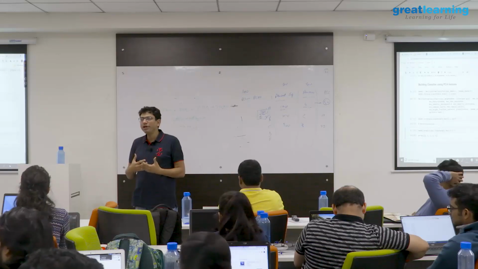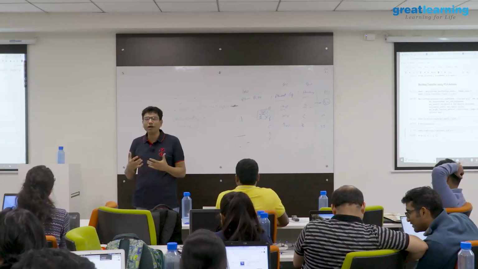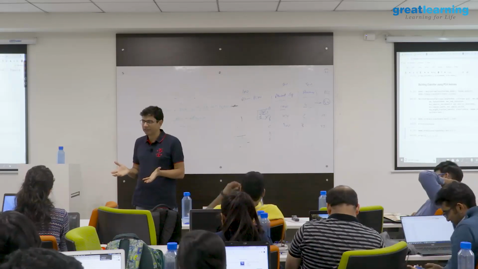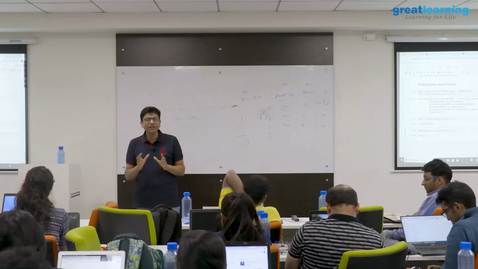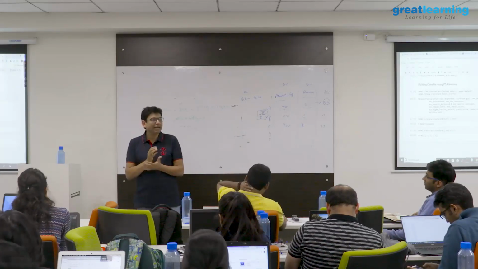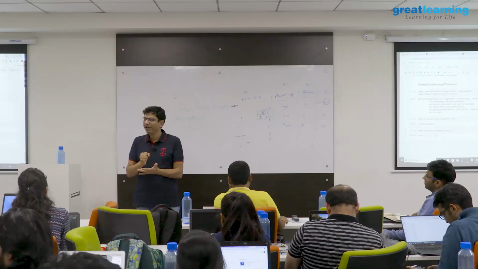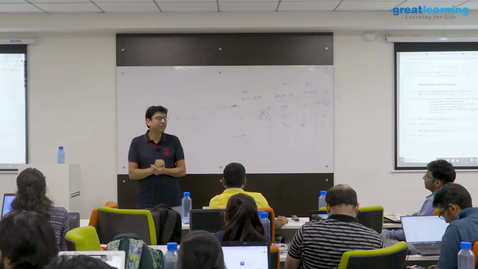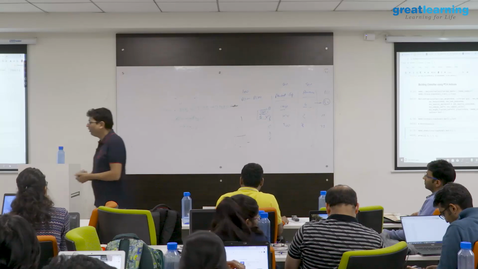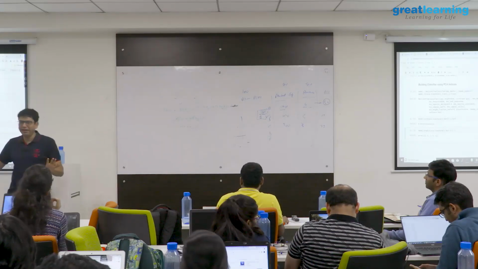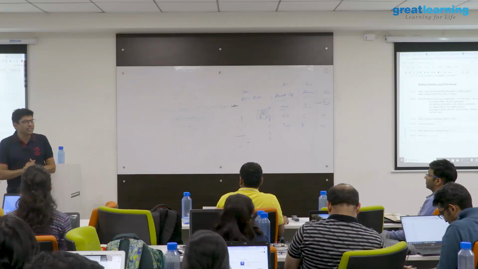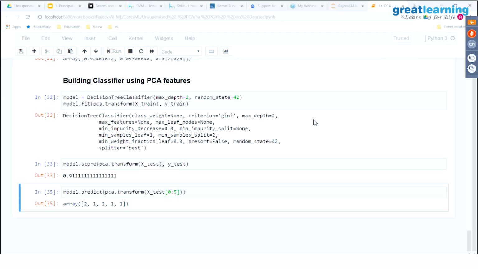The important thing is to understand what problem it is solving for us. As long as it's solving some problem, we will know next time how to use it, because it's just one line. It's a very simple thing. So everybody convinced of the utility of PCA? Okay, let's take another example.